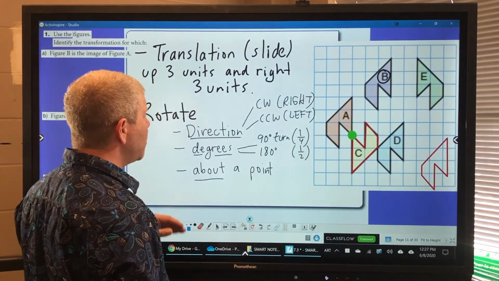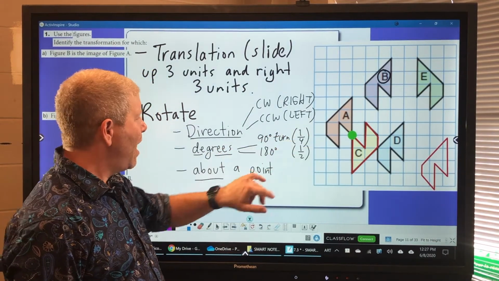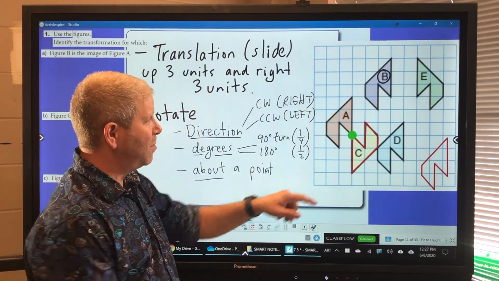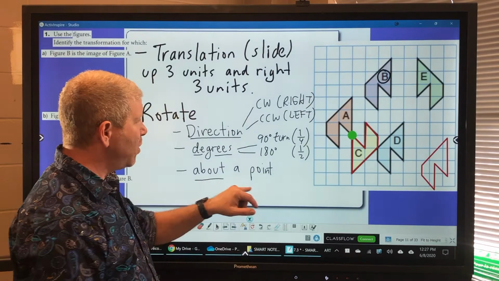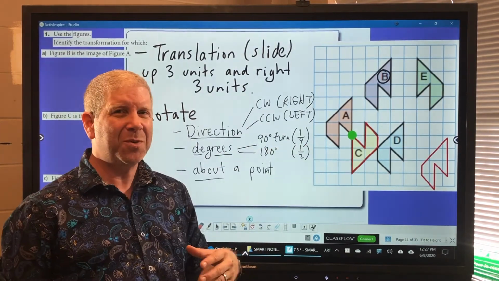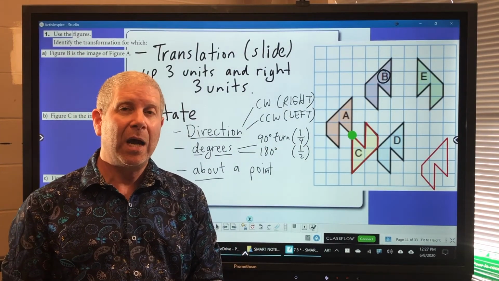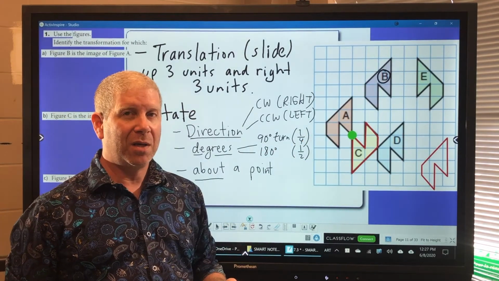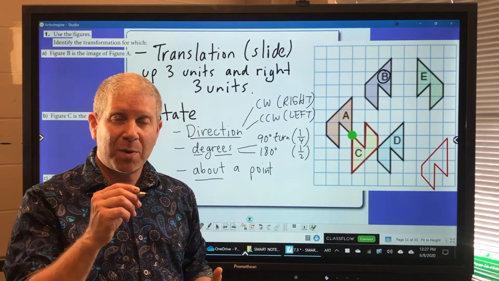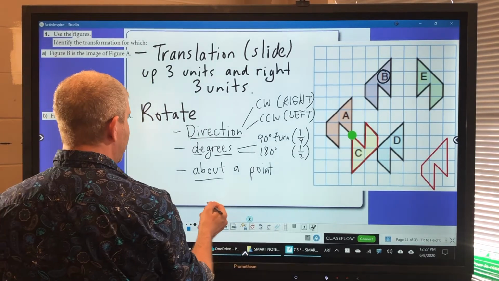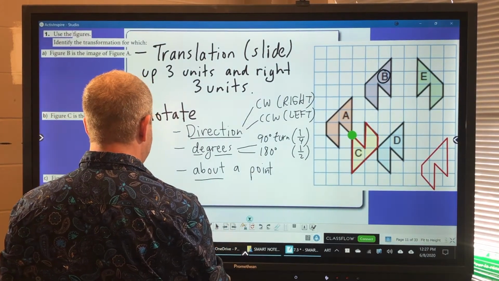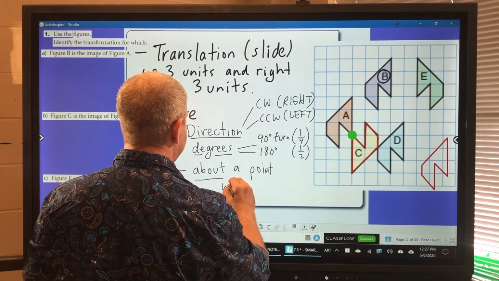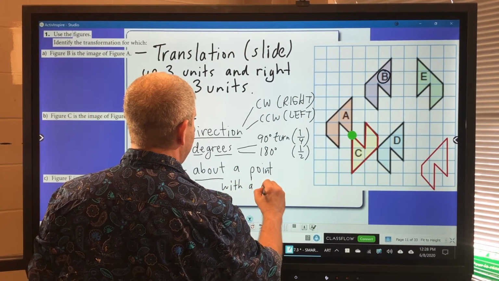So we have to rotate about, in this case, 180 degrees because we did a full half turn, about a point, and then we have to tell people in writing where that point is. It's very easy for me to explain to you where the green dot is, and if you have a piece of paper, you can put a green dot and say about the point with a green dot.